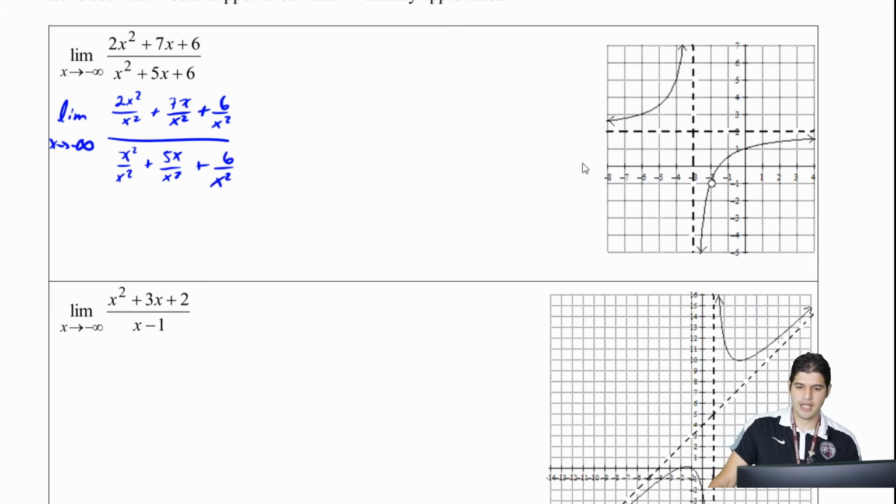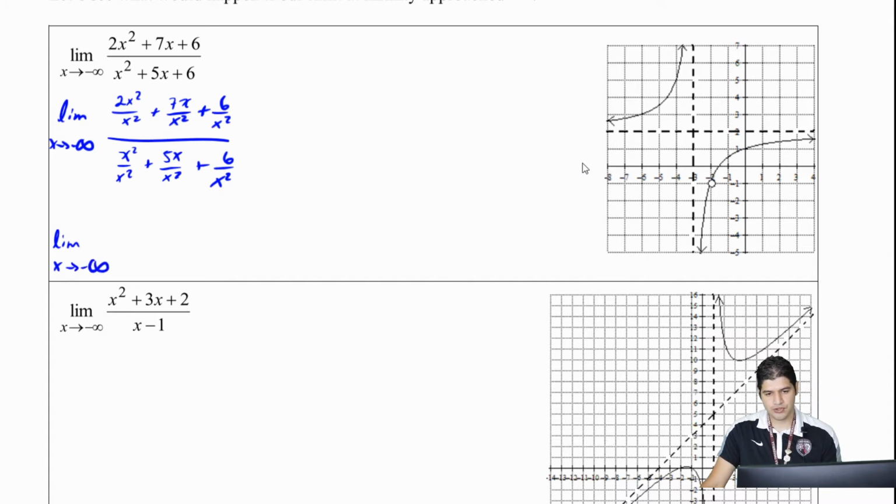All right, so then we'll simplify that, the limit as x approaches negative infinity. And I'm going to get 2 plus 7 over x plus 6 over x squared all over 1 plus 5 over x plus 6 over x squared. Okay, so let's see what changes from there.